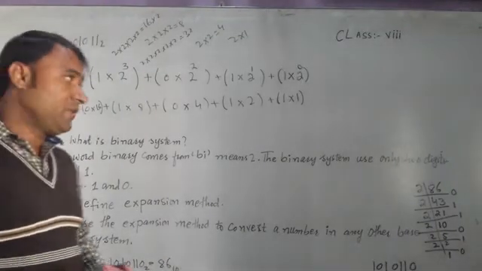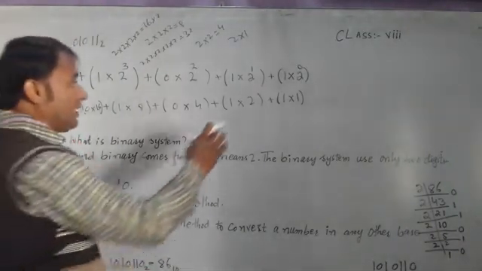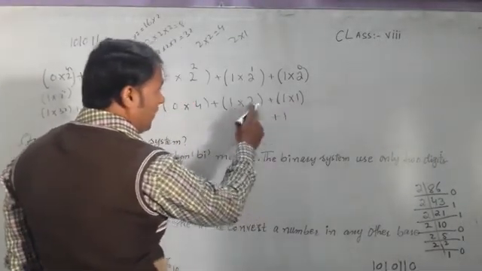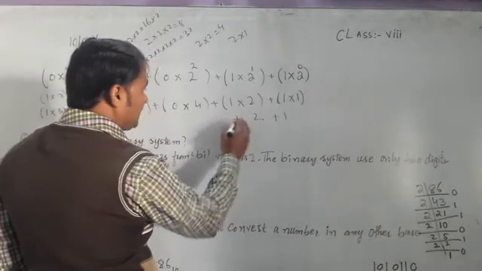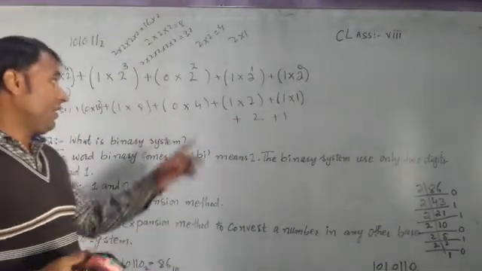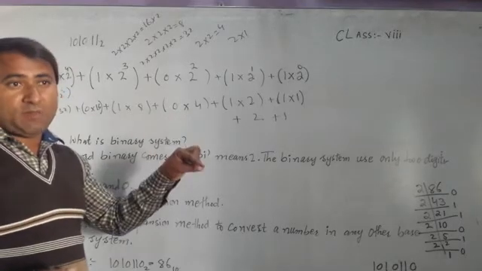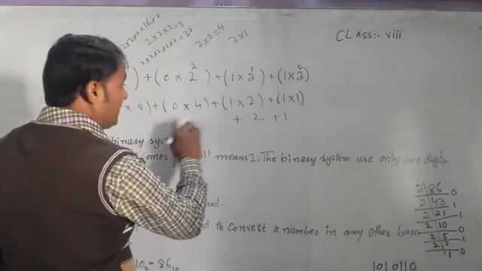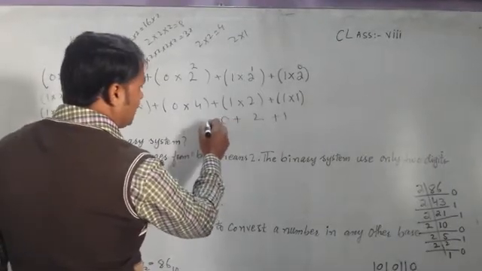So till here I hope that you have understood. Now we are multiplying, it is just simple multiplication. 1 times 1 is 1, plus 1 times 2 is 2, plus 0 multiplied by 4. One thing you should note: when 0 is multiplied by any number, the answer is 0. So this term is finished, write 0.